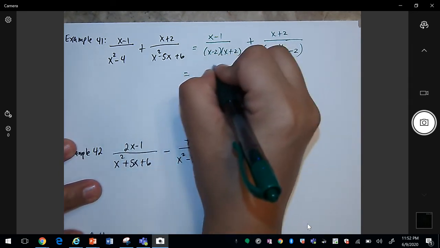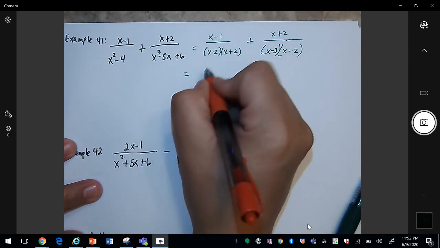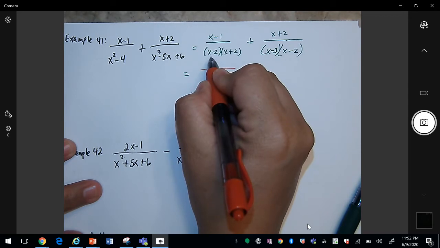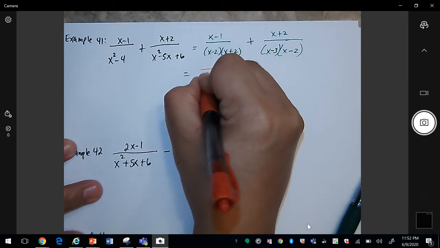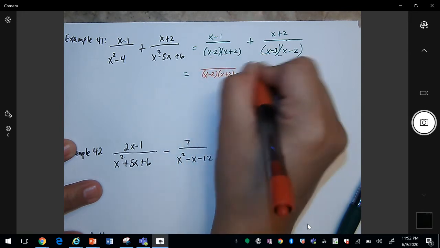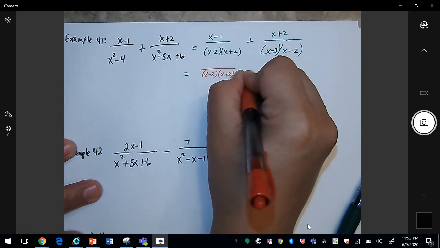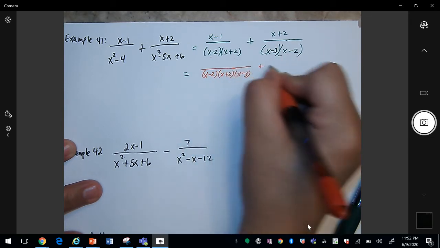In order to add these fractions, we need to have a common denominator. So our common denominator is going to be the factors that we have in the denominator. So I'm going to use x minus 2, x plus 2, x minus 3, and then x minus 2, I already have it, so I don't need to use it again.